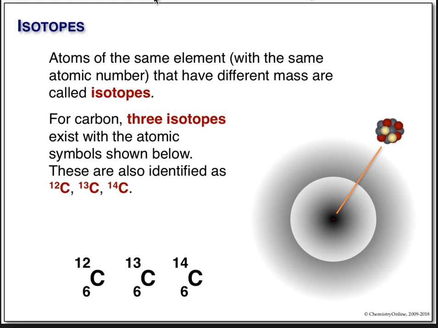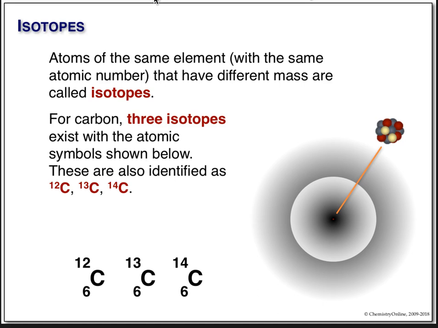Virtually every element, in fact, every element that is known, exists as a series of isotopes. They all have the same number of protons in the nucleus, but they have differing numbers of neutrons. Now, this is a little bit of a problem if you're going to do quantitative chemistry. Because if you dig up carbon from the ground on Earth, it's going to be a mixture of carbon 12, carbon 13, and a minuscule trace of carbon 14.